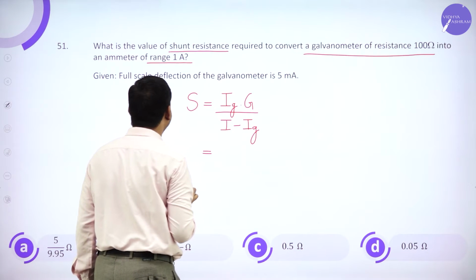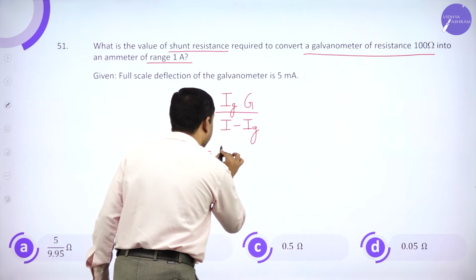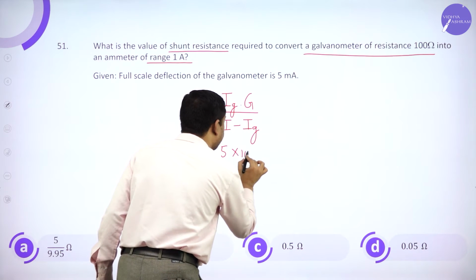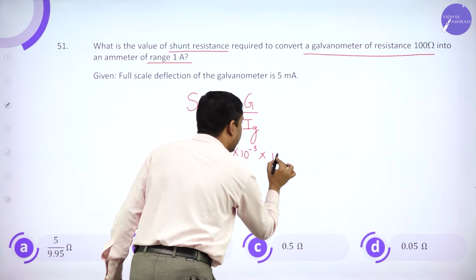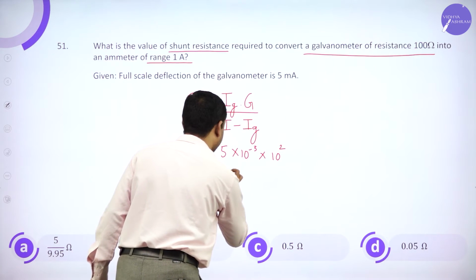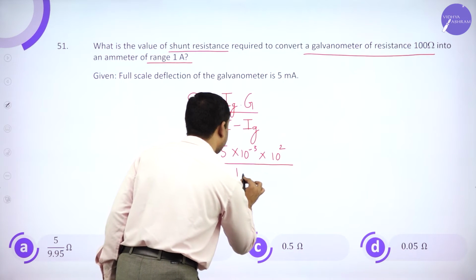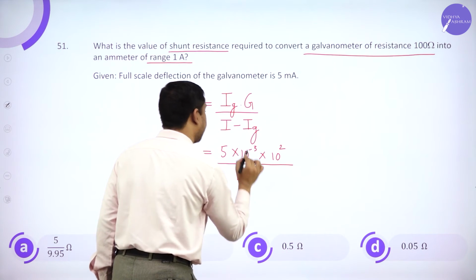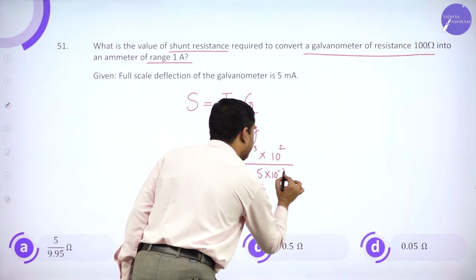How much is Ig? Current for full scale deflection, 5 into 10 power minus 3. Resistance of the galvanometer is 100, divided by I is 1 minus Ig, again 5 into 10 power minus 3.